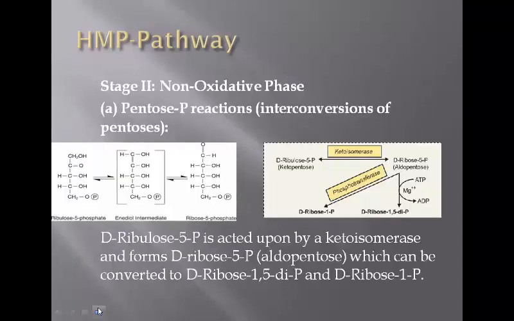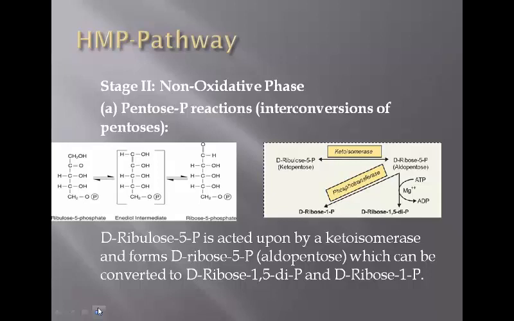Stage 2 of the HMP pathway is the non-oxidative phase, which involves two types of reaction: first, pentose phosphate reactions in which interconversion of pentoses occurs, and second, hexose phosphate is formed, or fructose 6-phosphate, which is later converted to glucose 6-phosphate.